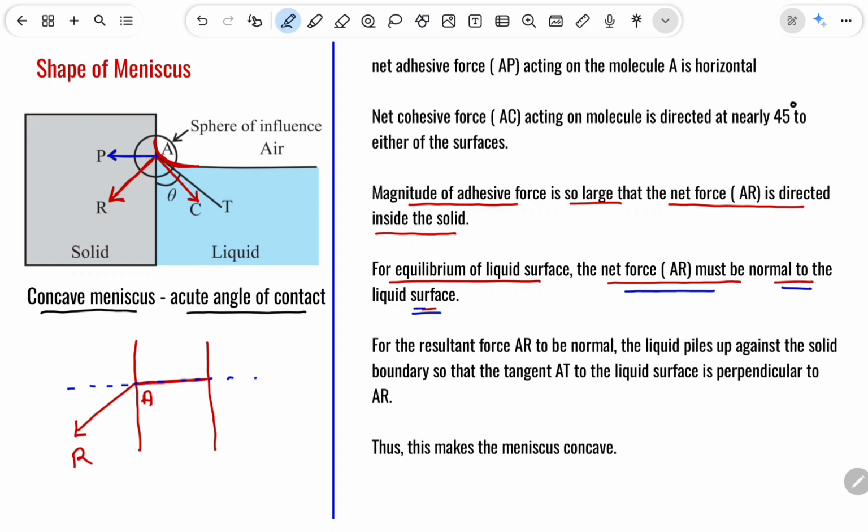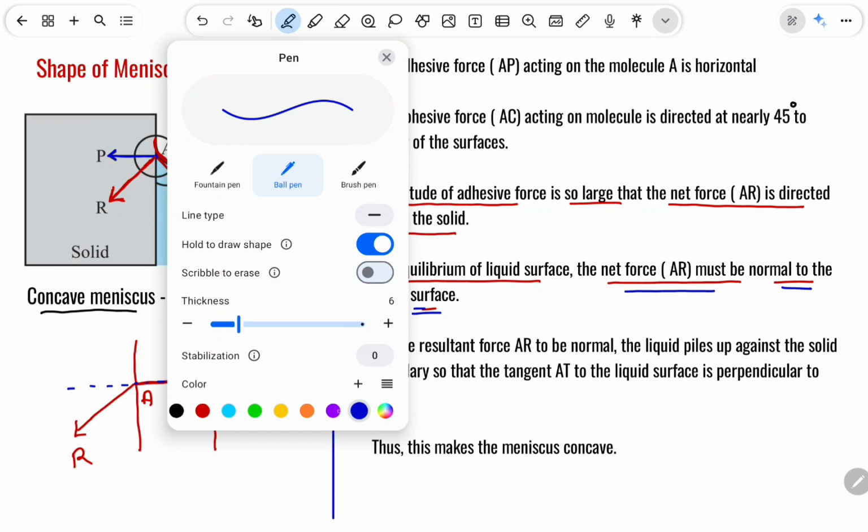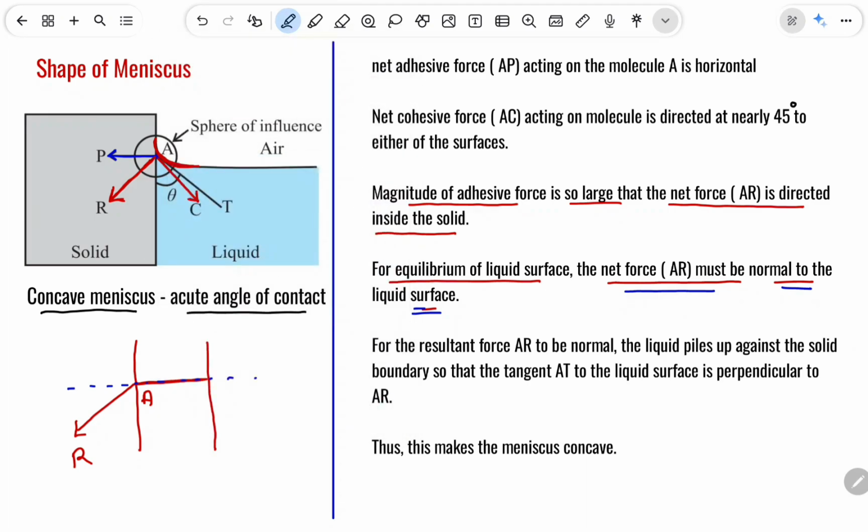And for this to happen, what the liquid surface does is that it climbs over the solid, like this. And when the liquid starts to climb over the solid, at a certain point, this force AR becomes perpendicular to the liquid surface, and we say at that point the equilibrium is achieved.